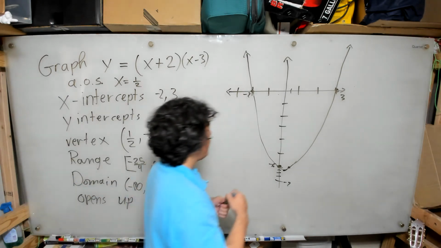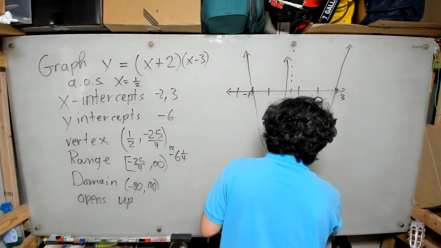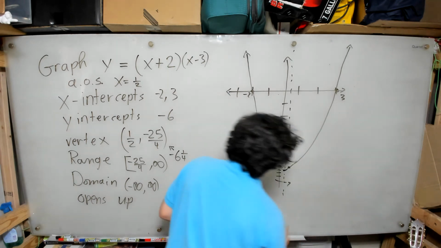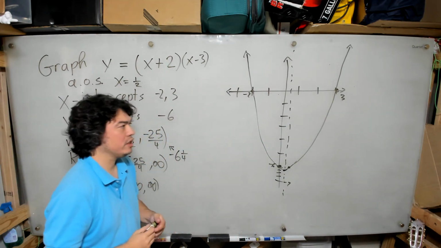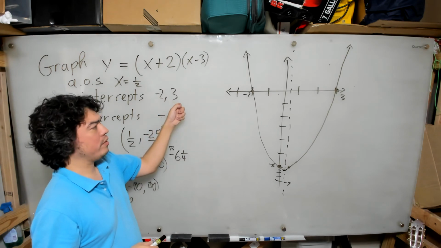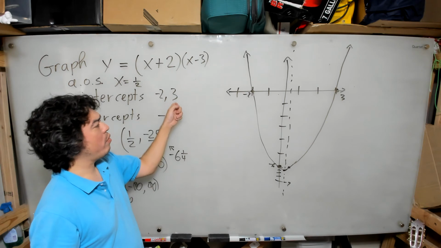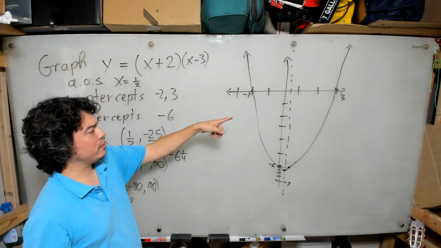And so if, let's say, we didn't know what the x vertex was, but we did know it crossed those 2 points, -2 and 3, if we take their midpoint, we will find the x coordinate of the vertex, okay?